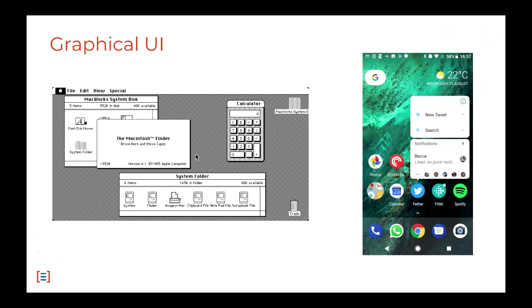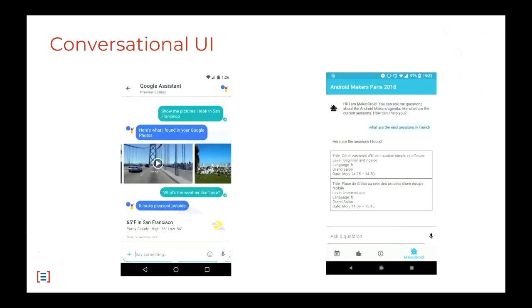What if we try to reverse it? Instead of us adapting to the computer in order to talk to it, what if computers could learn how we talk, how we communicate? That's what we're going to talk about today.